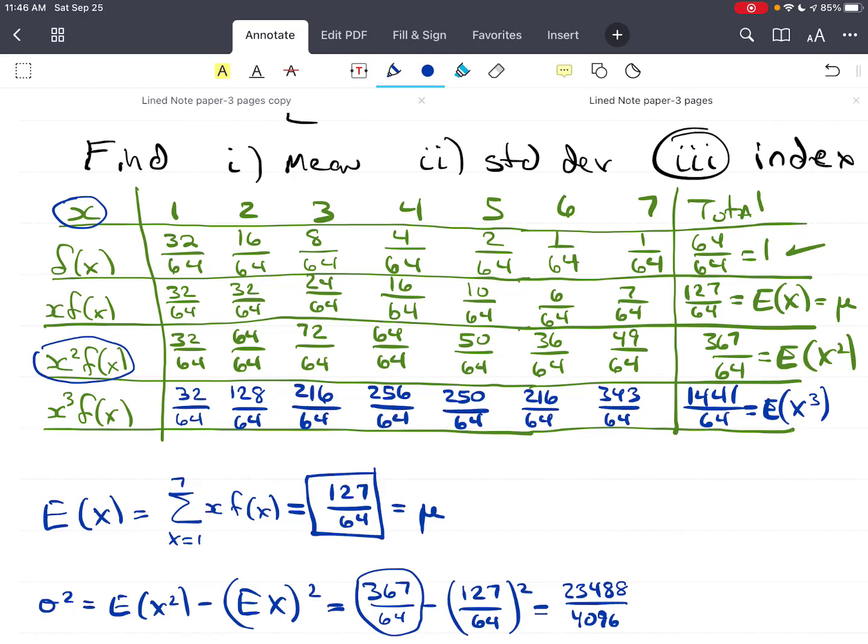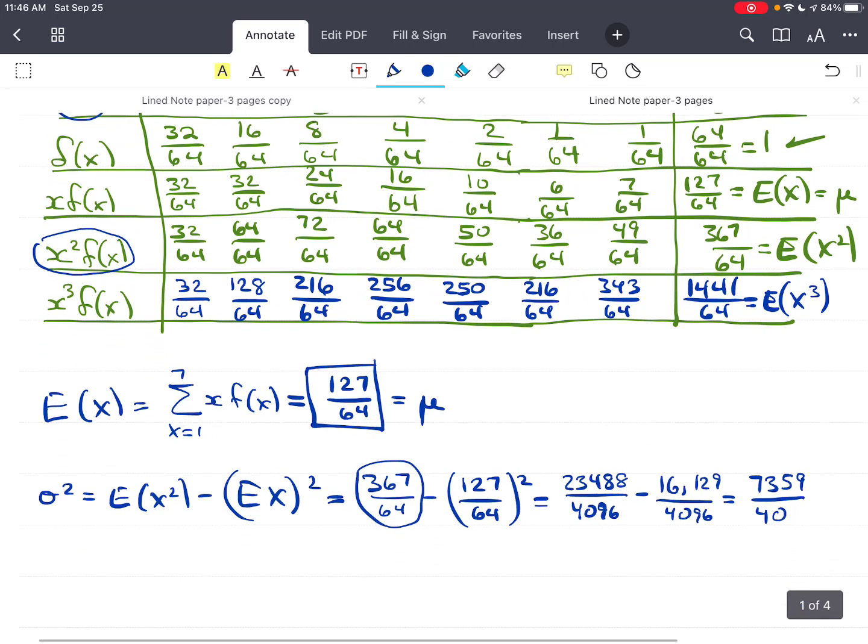And then it's minus 127 squared, which is 16,129 over 4096. They have a common denominator, and this works out to be 7359 over 96. So there's sigma squared.